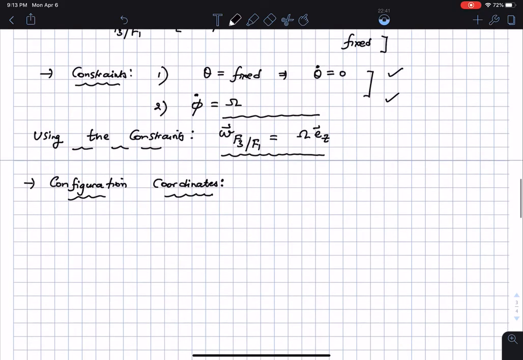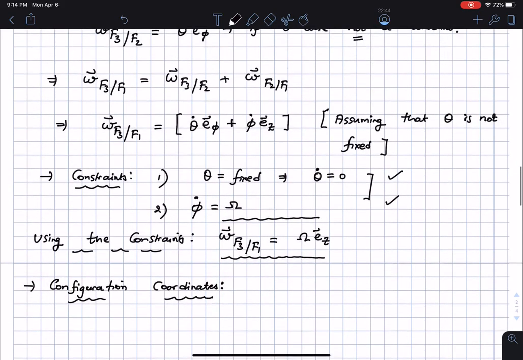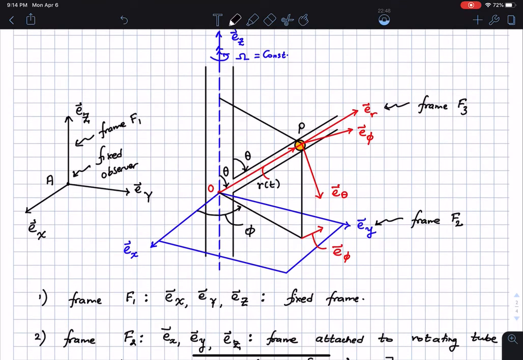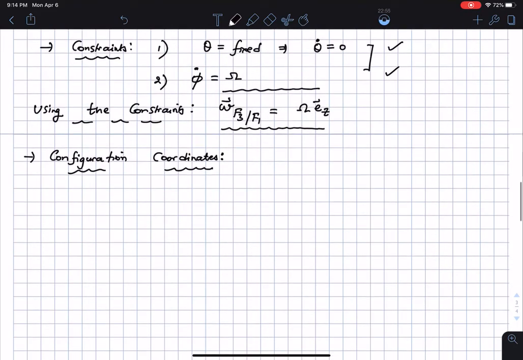For us the configuration coordinates are going to be 3, because this is a system in 3D. They are r of t, theta, and then the angle phi.